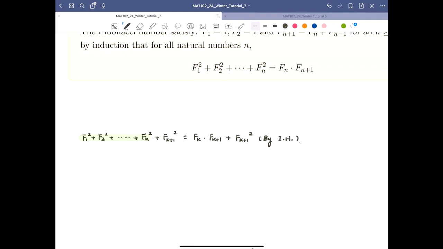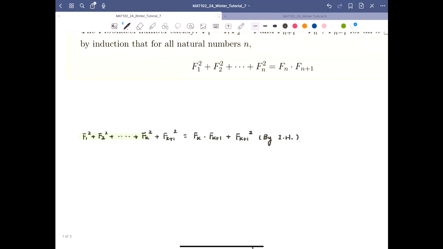So now, am I stuck? What do you think? What can I do here? Well, this is not quite what I need, but that's okay. Why? Because I can factor out Fk+1. Now what do I do? What does that tell me?